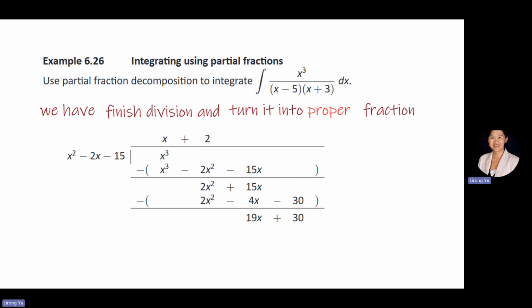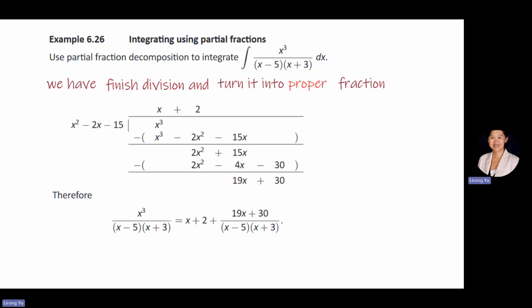The remainder will always have a lower degree than the divisor. So this turns it into a fraction like this. After we finish the division, we see the quotient, x plus 2, and the leftover is the one that still stays as a fraction. It's similar to what we were talking about: 18/5 is equal to 3 plus 3/5.